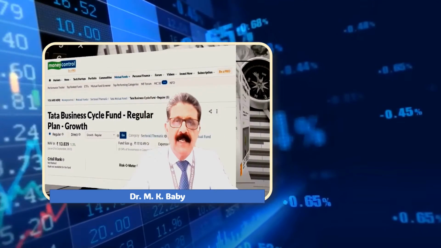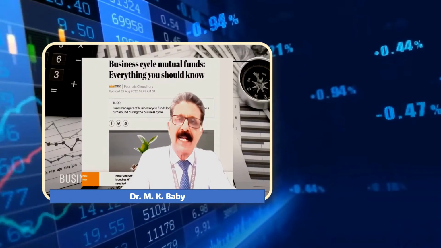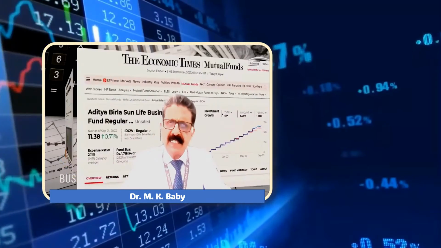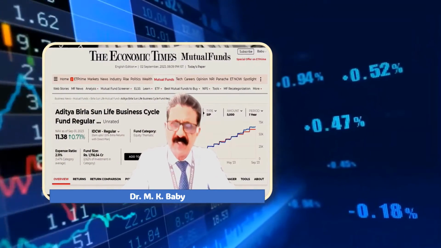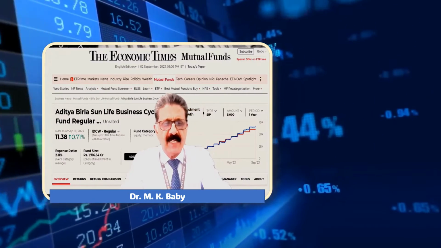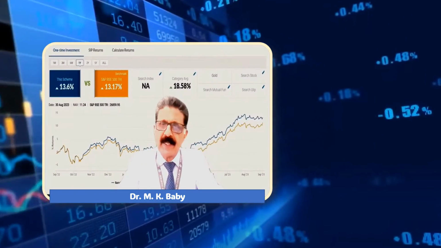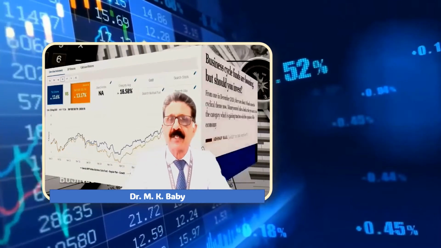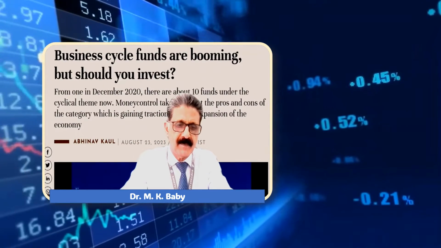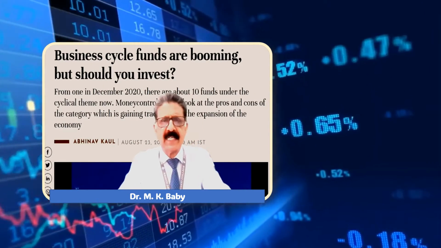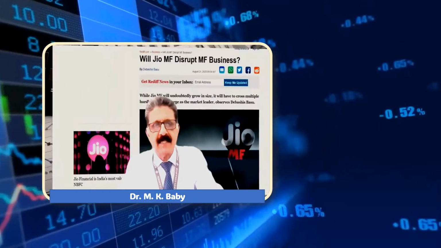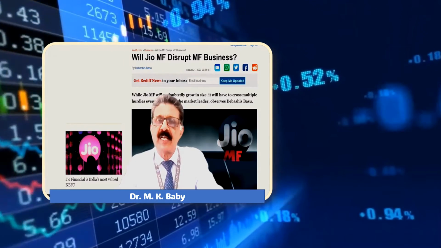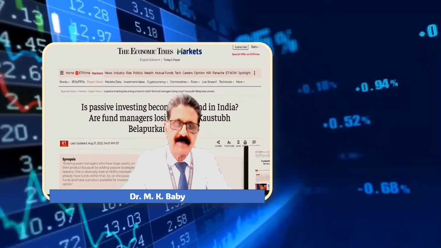Now, let's examine the risks associated with investing in a business cycle fund. Business cycle funds, as we have seen, are mutual funds that invest in companies that are expected to perform well during certain phases of the business cycle, such as expansion or contraction. However, these funds are still subject to market risks, such as volatility, economic downturns, and changes in interest rates.